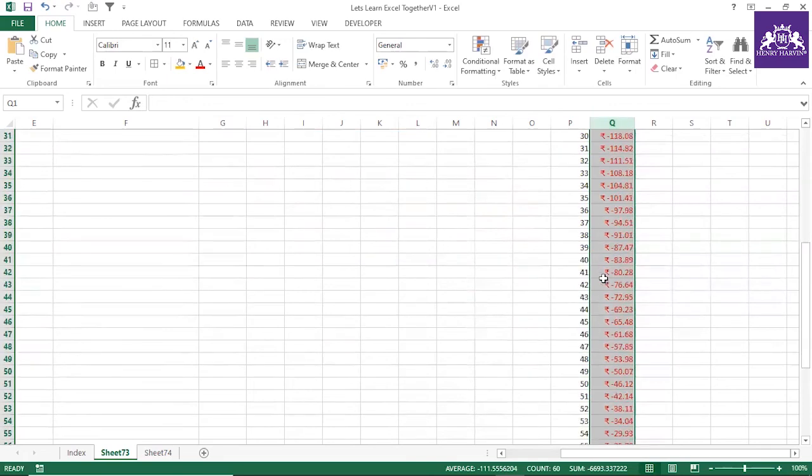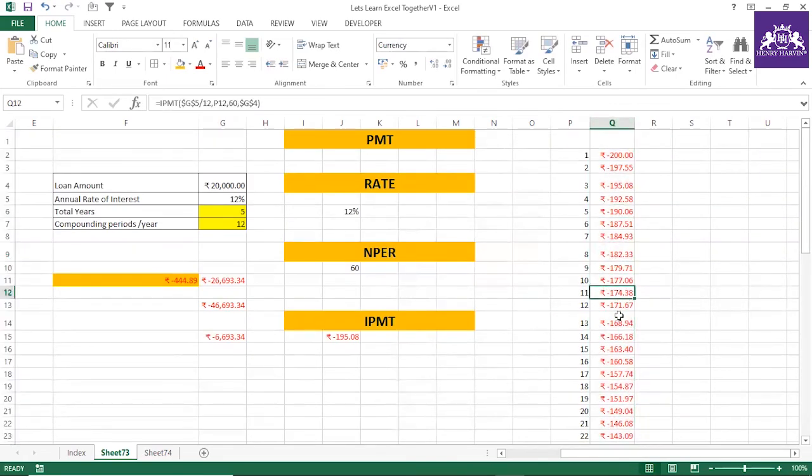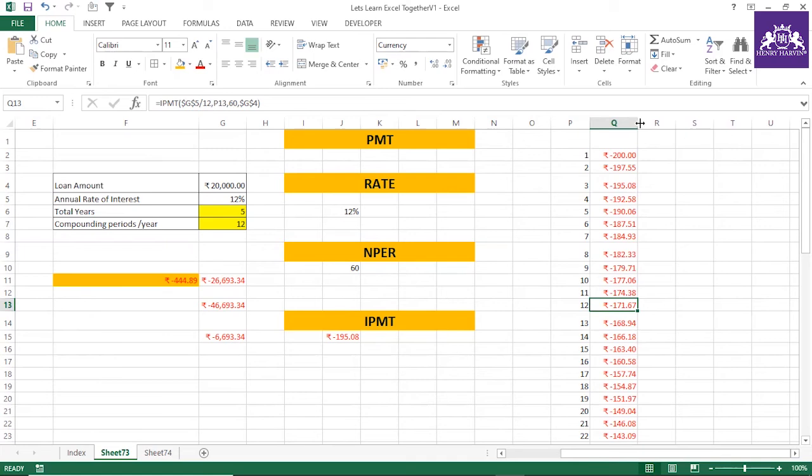Be careful when you work on such things, because it is very useful when you work on financial functions, when you have some big amount to pay or some big amount to receive. So you have to understand all those basics and the semantics of financial functions. The overall picture is clear to you now.